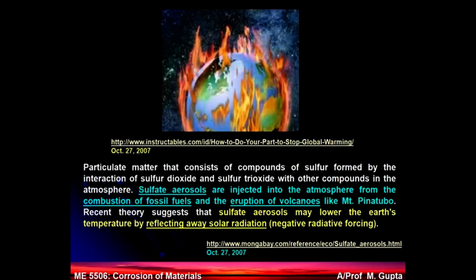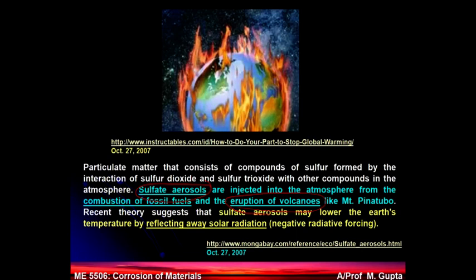We don't have any artificial way to control it, except that people have found that sulfate aerosol, which can be in the atmosphere due to the eruption of volcanoes, can scatter the rays. There is particulate matter wherever these eruptions are.